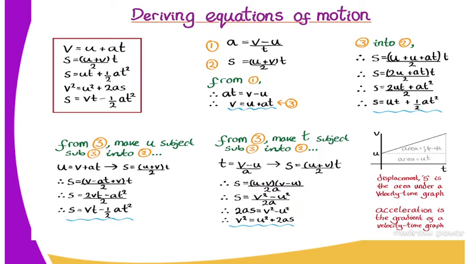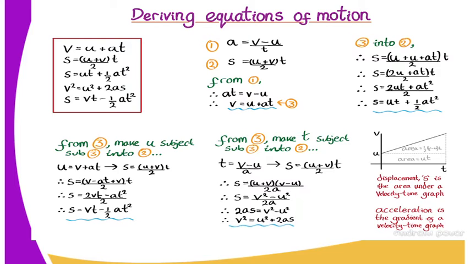Therefore, s = (u + u + at)/2 times t, which gives (2u + at)/2 times t. As you can see, s = ut + ½at². That is the second equation of linear motion.